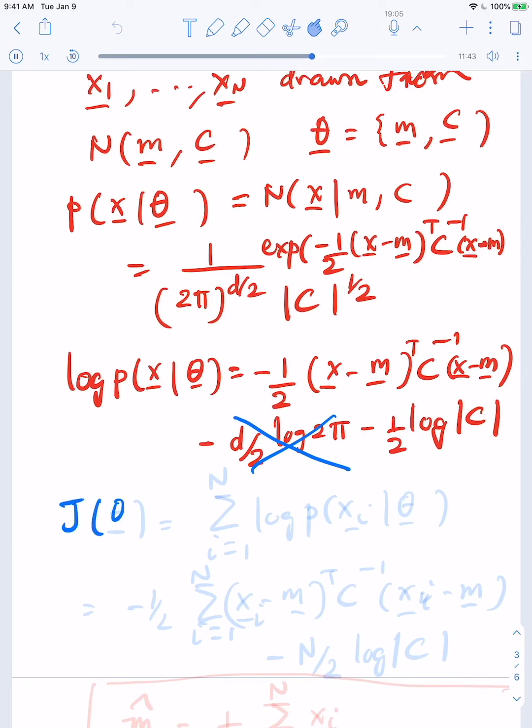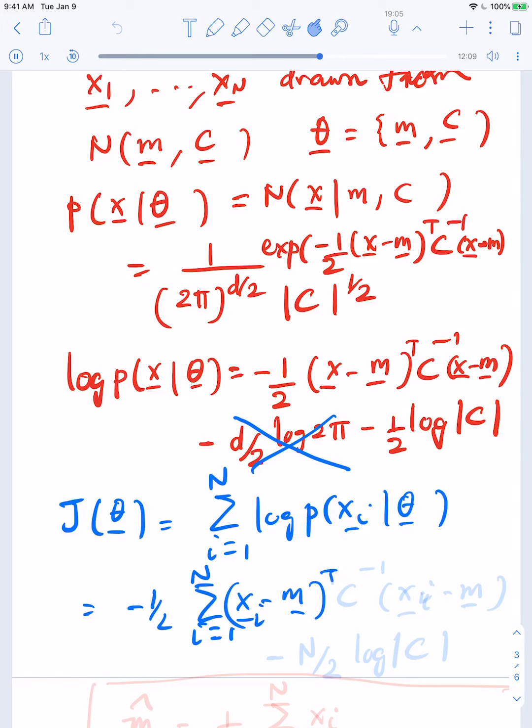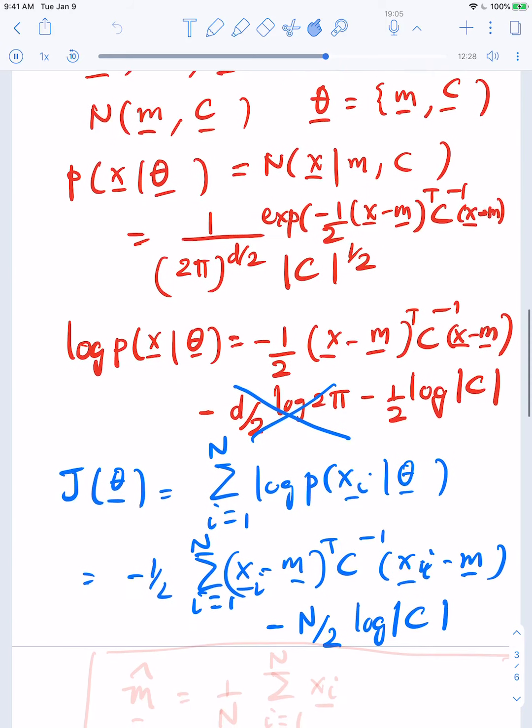So let me just say that I have this cost function that I want to maximize, which is the summation i equals 1 to n over the data points of the log of these individual likelihood functions, and that's minus half summation i equals 1 to n (xi minus m) transpose C inverse (xi minus m) for the ith data point, and then I'm summing that log determinant of C term over n of these, so minus n over 2 log of the determinant of C, right?